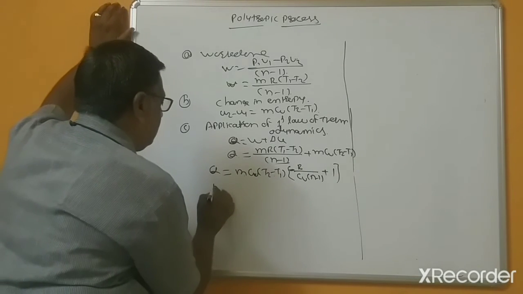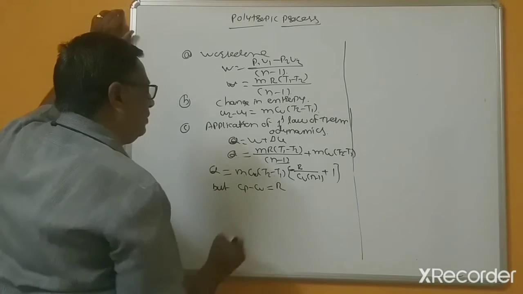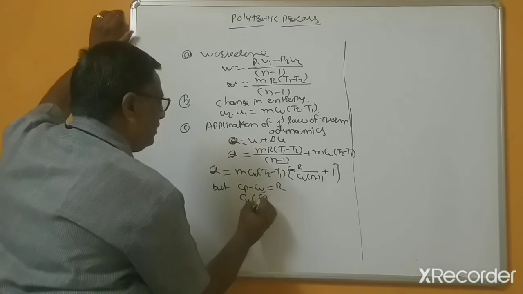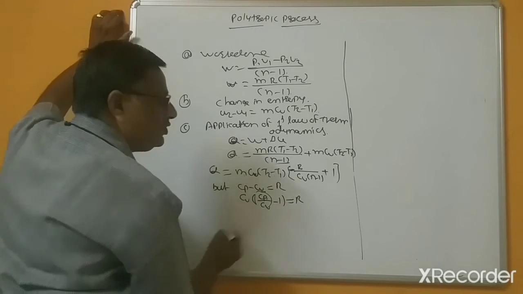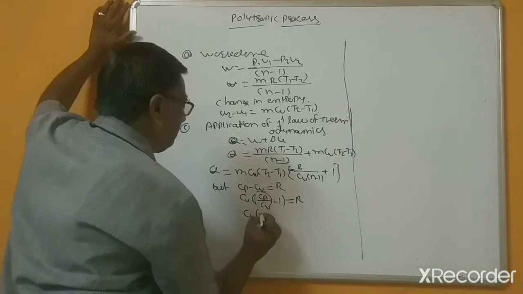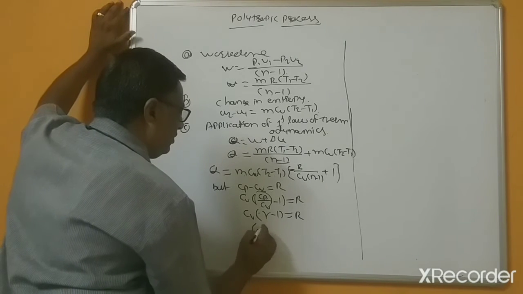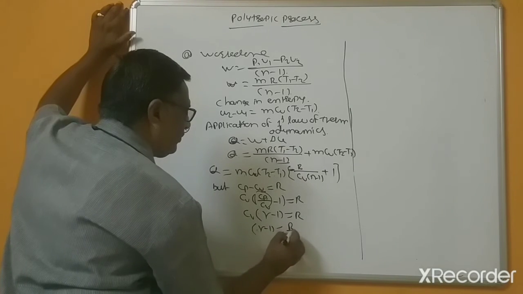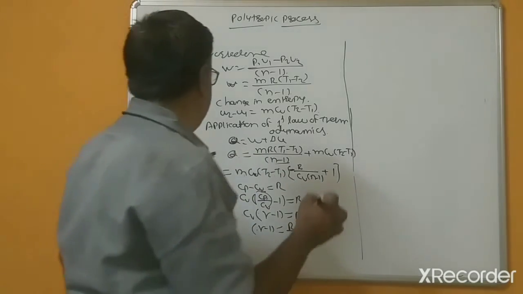Cp minus Cv equal to R. Now, by dividing by Cv, this is Cp divided by Cv minus 1, and this is equal to R divided by Cv, and this ratio is nothing but gamma. So gamma minus 1 equal to R divided by Cv.